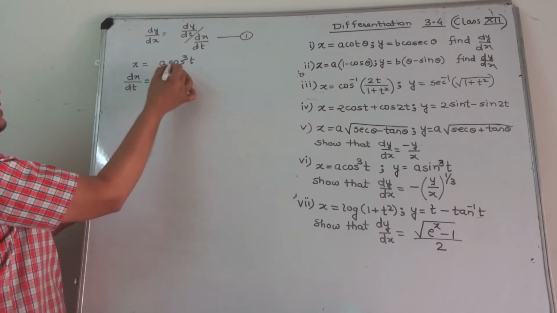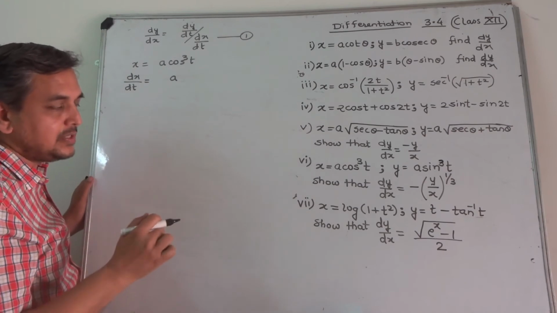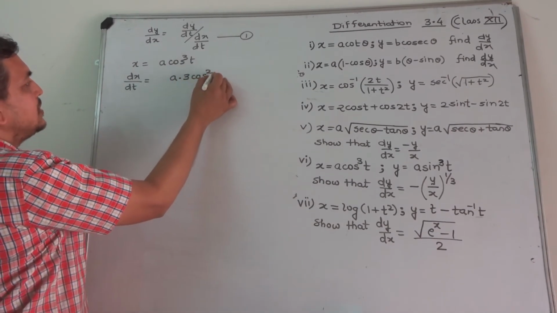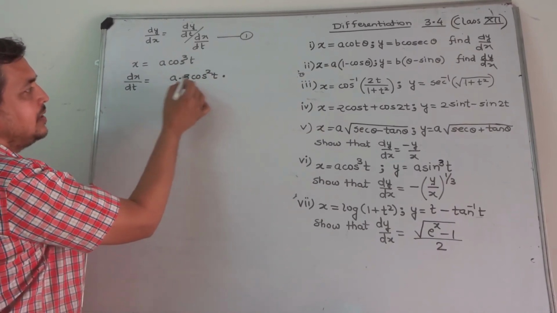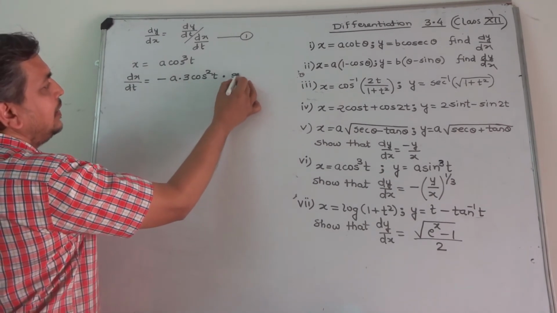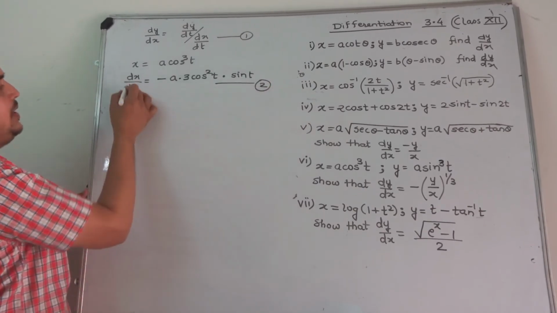A is a constant, the derivative of cos cube t, by the formula for x cube, is 3x square, so 3 cos square t, chain rule, into the derivative of cos t, which is minus sin t. I write minus outside, sin t. So this is my first derivative, dx by dt.